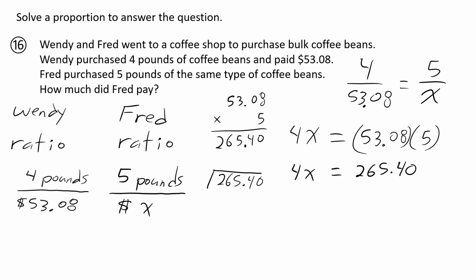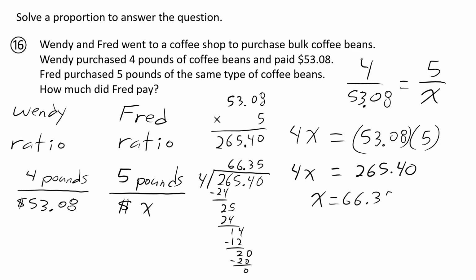All right, so I can go through my long division algorithm. And I'm coming up with, it doesn't look like it's going quite in order in the replay, but okay, there we are. It looks like 66.35. All right, so X is 66.35.